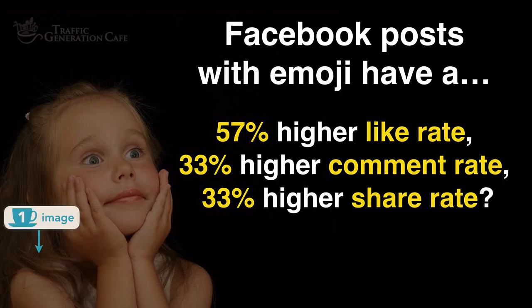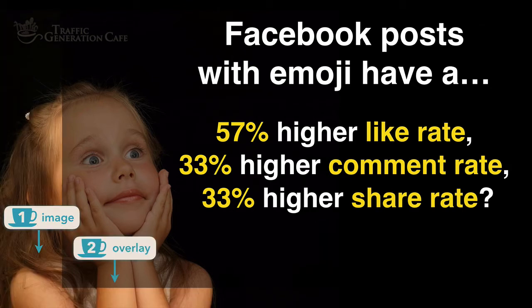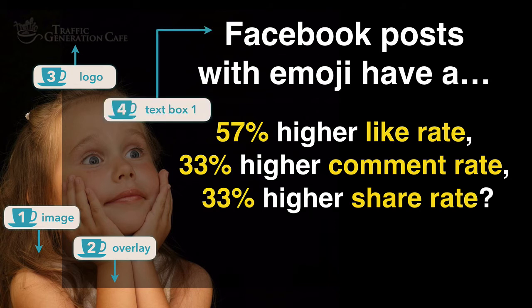In the very background, there's an image, followed by a black overlay with 50% opacity. And I do have a tutorial on how to add overlays to your SlideShare presentations as well. Then there is the Traffic Generation Cafe logo with 50% opacity as well.